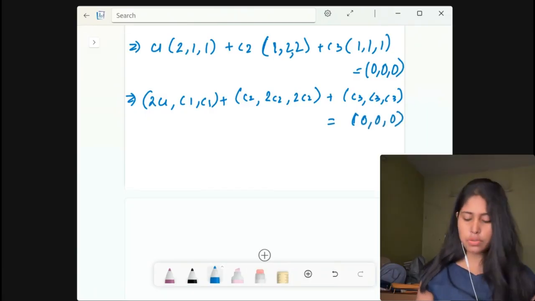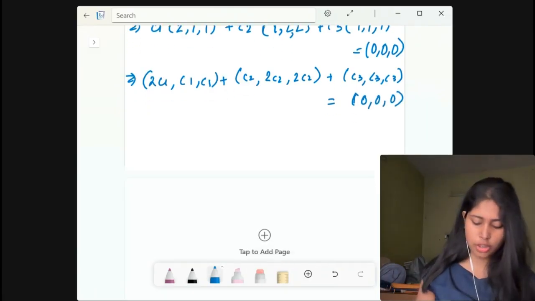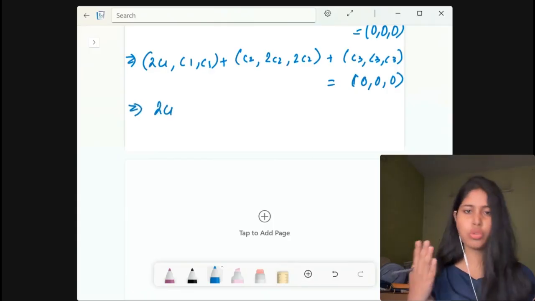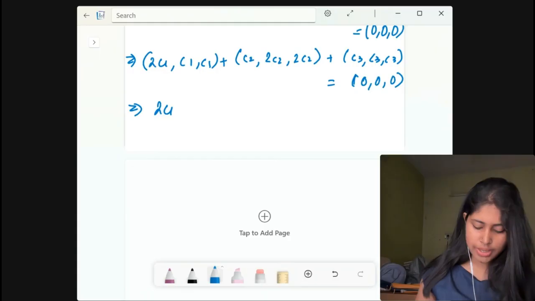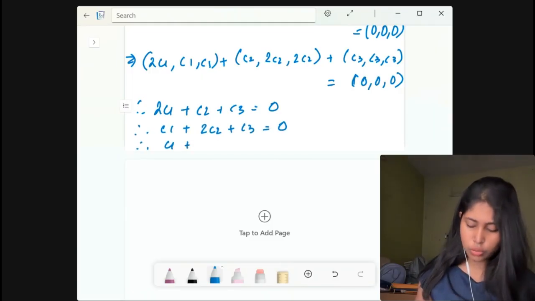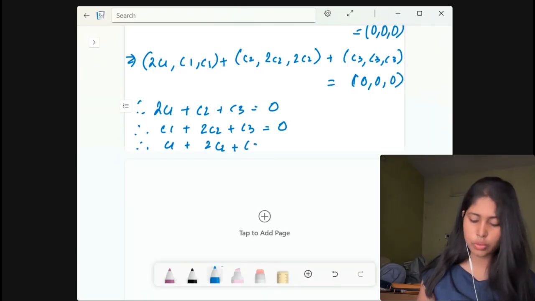All right, now if we do the addition, this is basically us getting three equations. What are the three equations? Let me write it directly. 2C1 plus C2 plus C3 is equal to 0. C1 plus 2C2 plus C3 is equal to 0, and C1 plus again 2C2 plus again C3 is equal to 0.